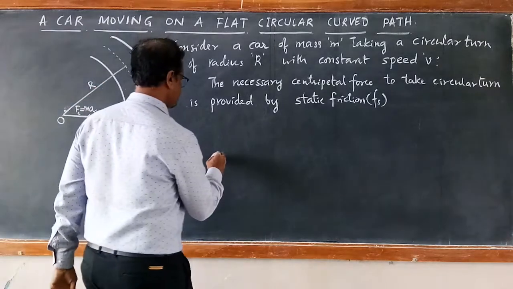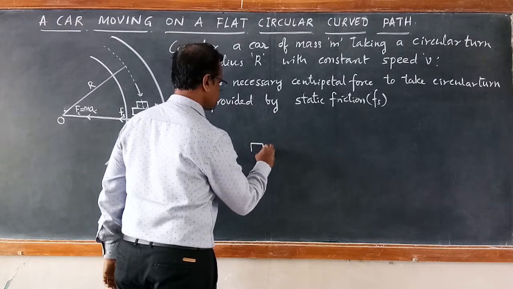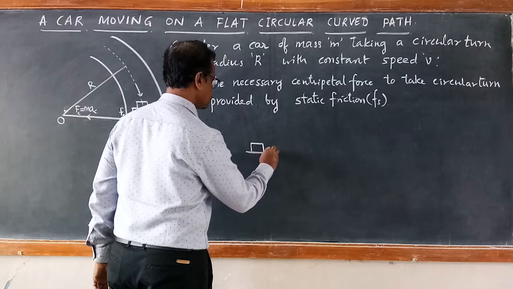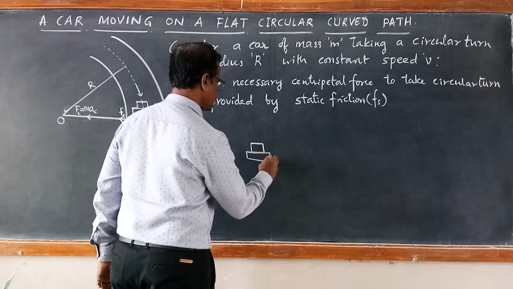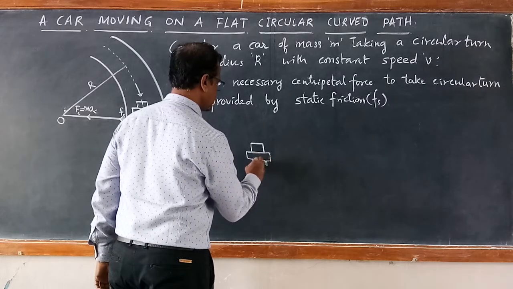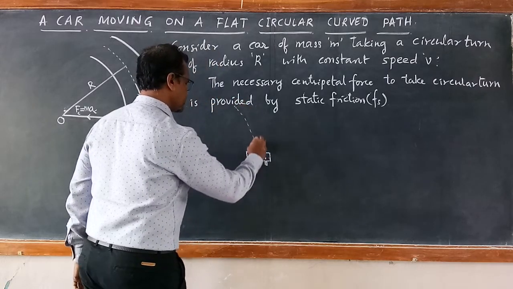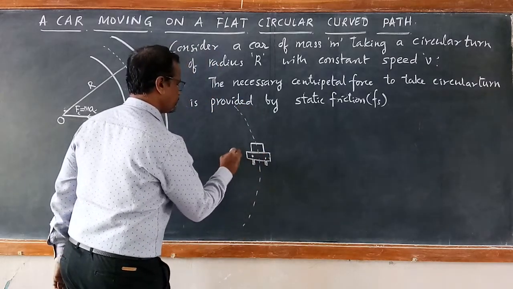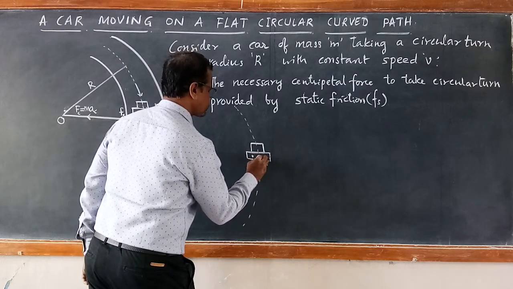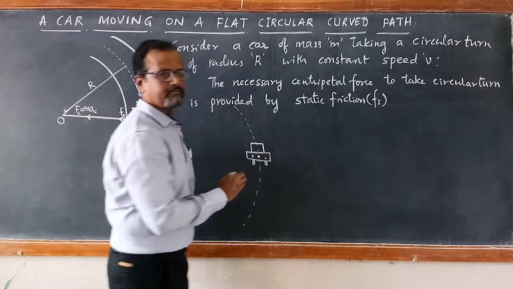So here, if this is the car on a flat circular road, these are the tires, and this is taking a curve like this. Then, if you draw the diagram of forces, take this one as the center of mass.